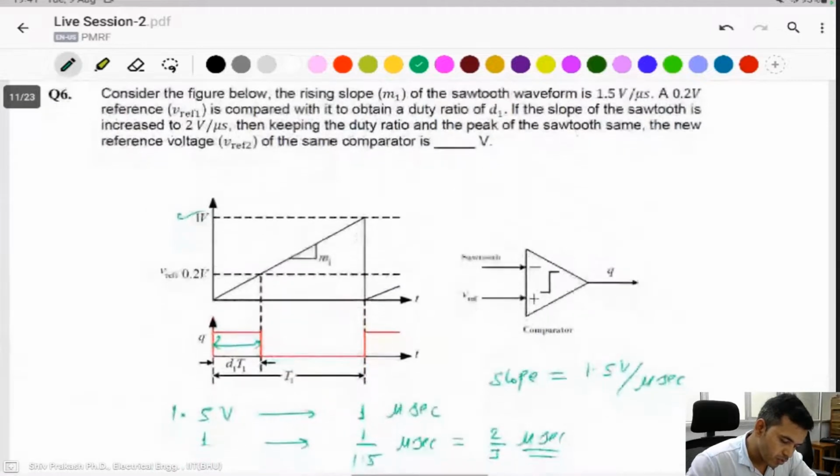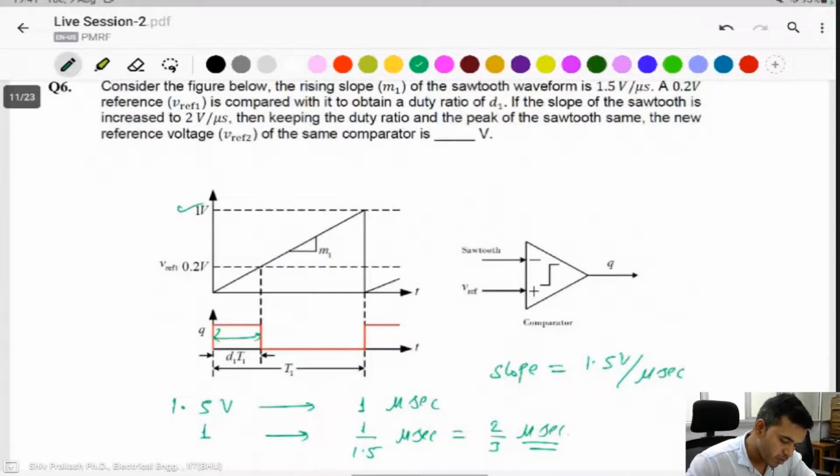Next it says that the slope is increased to 2 volt per microsecond.